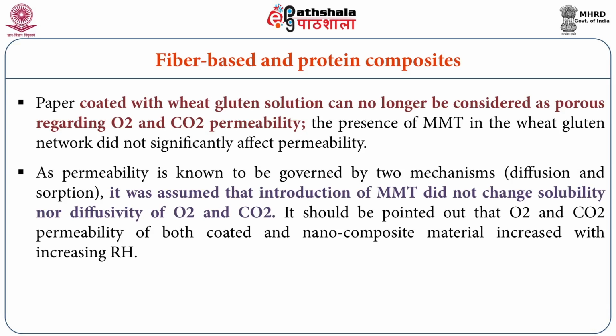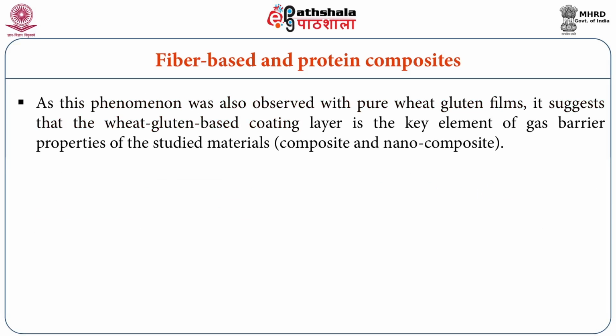It should be pointed out that oxygen and carbon dioxide permeability of both coated and nanocomposite material increase with increasing RH. As this phenomenon was also observed with pure wheat gluten films, it suggests that wheat gluten based coating layer is the key element of gas barrier properties of the studied material, whether it is composite or nanocomposite.